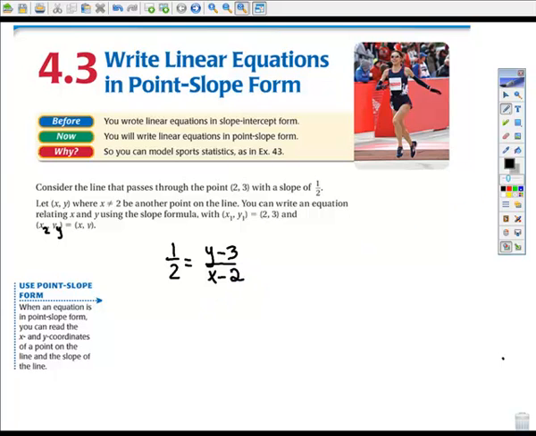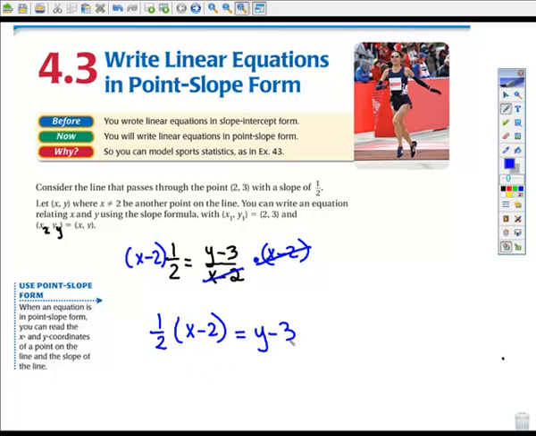What I want to do now is multiply both sides of this equation by x minus 2. See what happens. These quantities cancel, and I have 1/2 times (x minus 2) equals y minus 3.